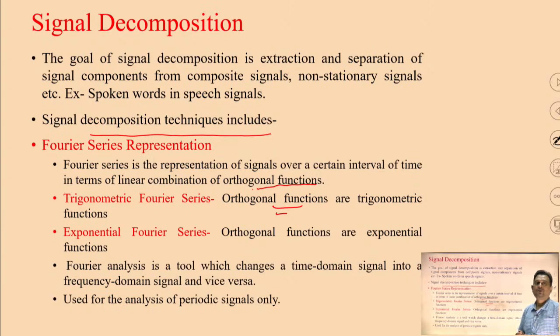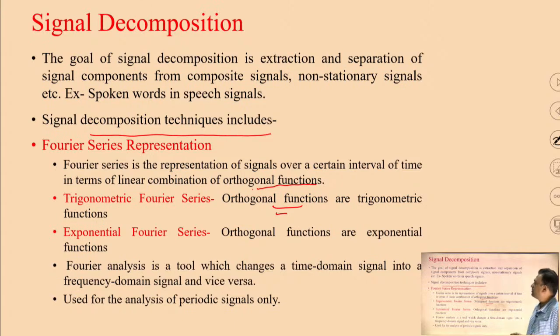If the orthogonal functions are trigonometric functions, we call it a trigonometric Fourier series, and if they are exponential functions, we call it an exponential Fourier series. This is a tool by which we can convert a signal from time domain to frequency domain, and we can also synthesize the signal again from the frequency components.